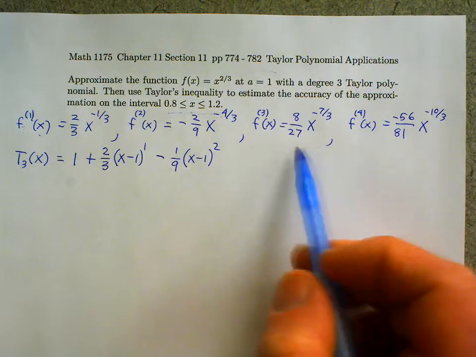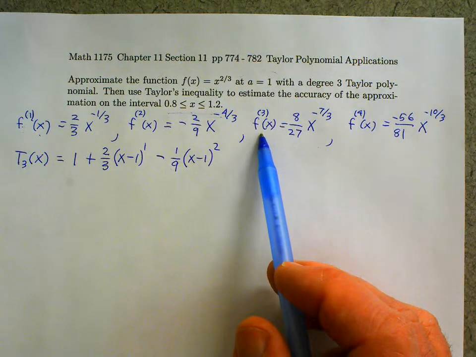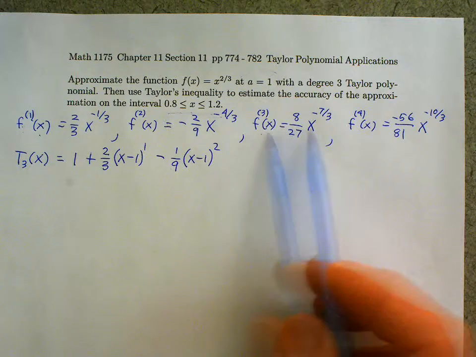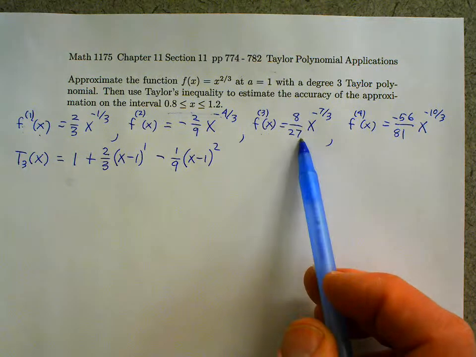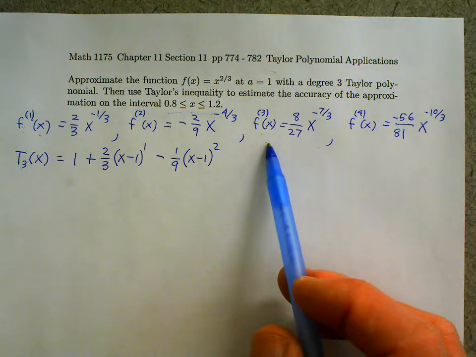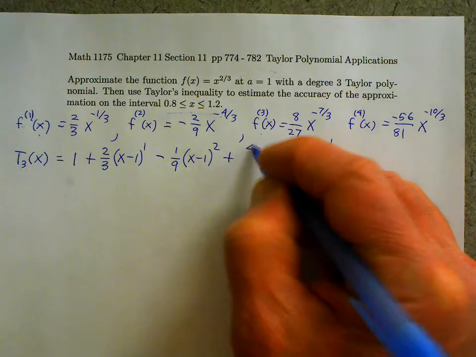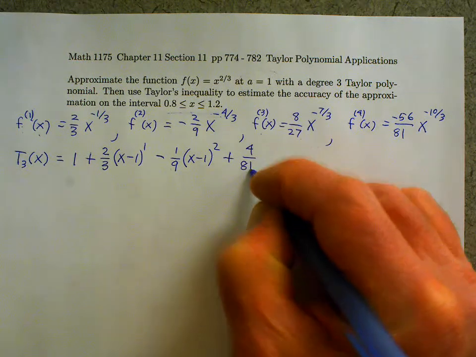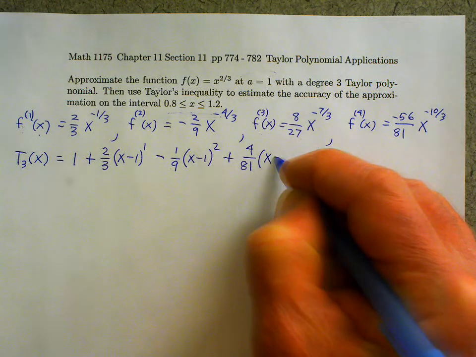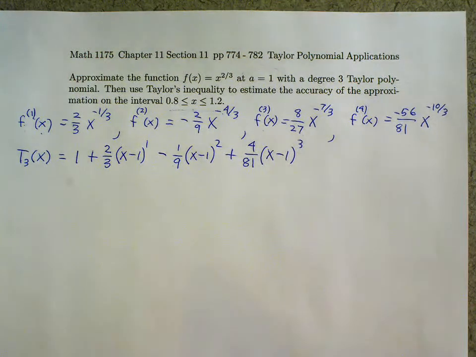And then finally, the last term, we have the third derivative of f evaluated at 1. That's 8/27 divided by 3 factorial. So we're going to get plus 4/81, and then times x minus 1 to the third. Okay, that is the degree 3 Taylor polynomial.